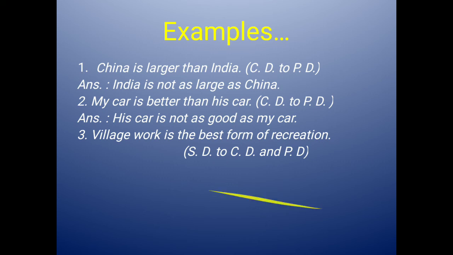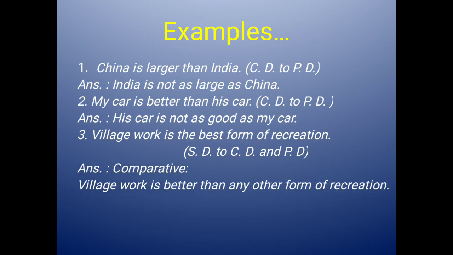So let's see, we are going to convert it to comparative degree. There is no need to start with the second object, because when you solve the example in positive degree, that time you need to start with the second object. But if you're solving the comparative degree, there is no need to start with the second object. So let's see, village work is better.